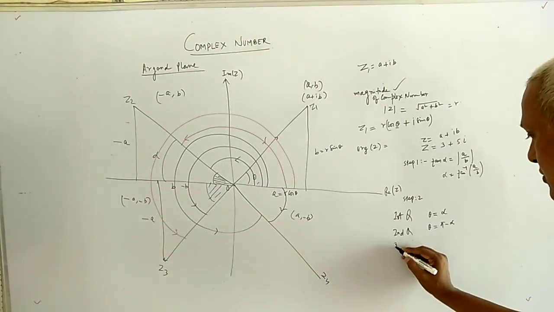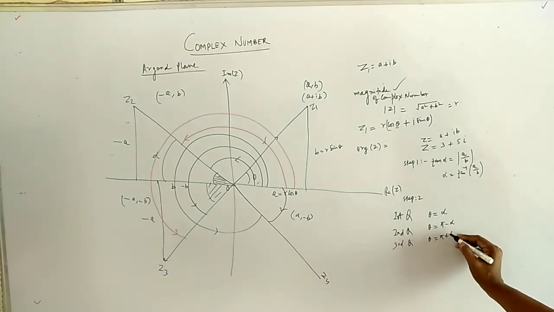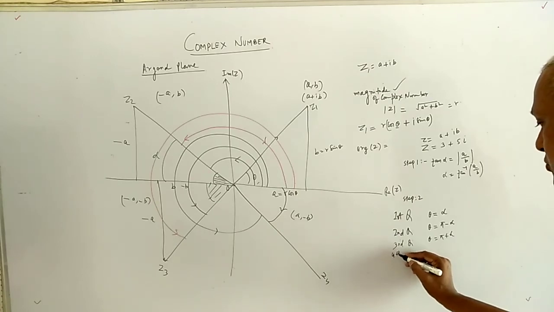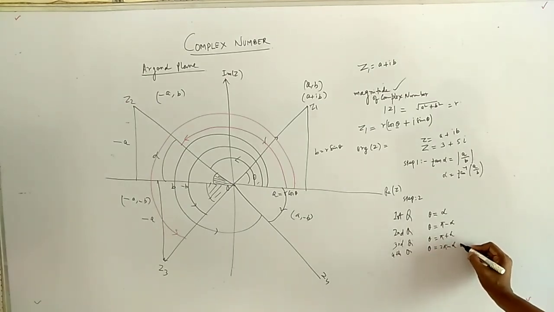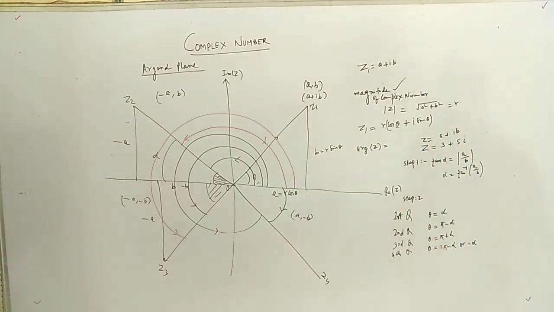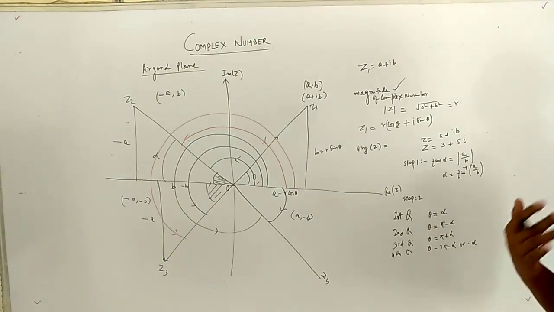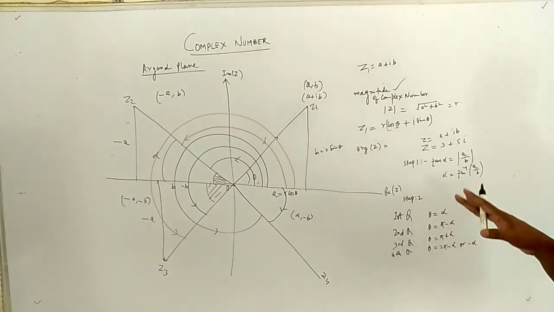So in the third quadrant your theta will become pi plus alpha, and in the fourth quadrant your theta similarly will become either 2 pi minus alpha or minus alpha. You can take the clockwise route and then ignore the sign, because in trigonometry, when you go for the angular span of 0 to 2 pi, the trigonometrical ratios manage these signs and give you the proper answer. You don't have to pay much attention to this sign.